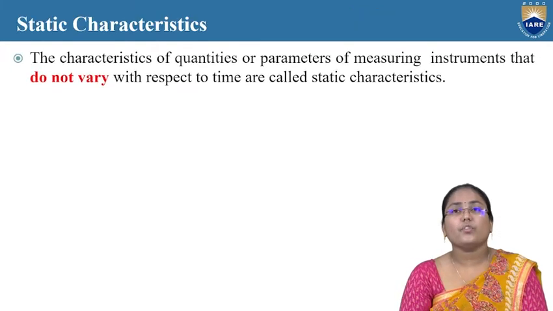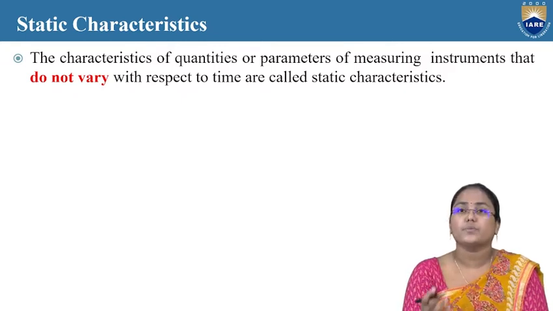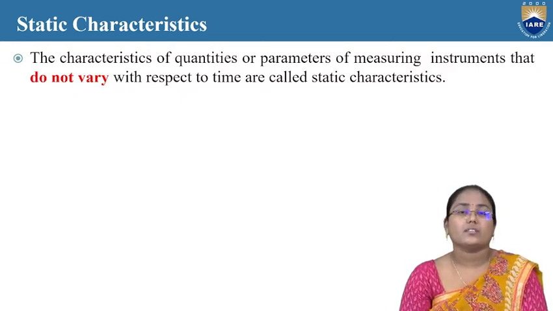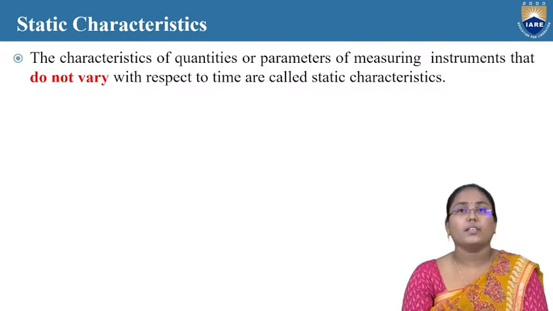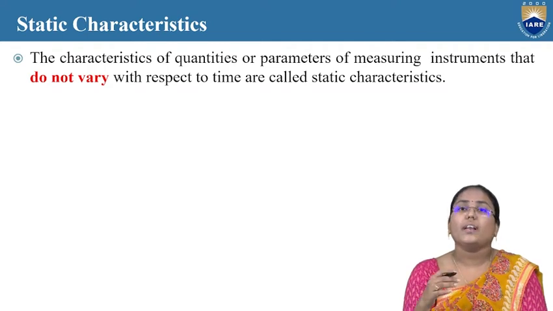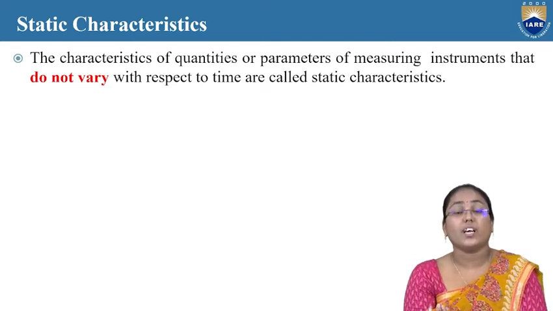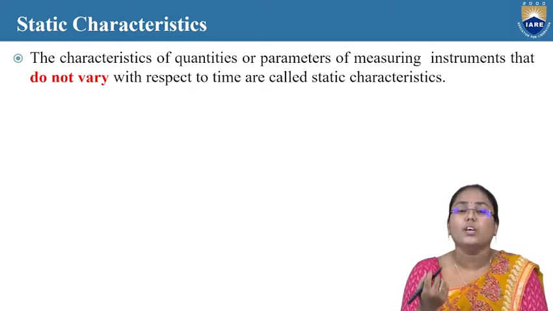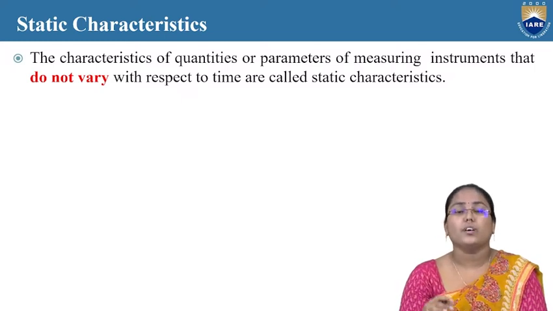So the characteristics or parameters of measuring instruments that do not vary with respect to time are called static characteristics. Now let us look at the different types of static characteristics which we have to look at in an instrument to say whether it is static or dynamic in nature, and whether the characteristics are desirable or not, with respect to the desirable characteristics of an instrument we have seen in the previous case.